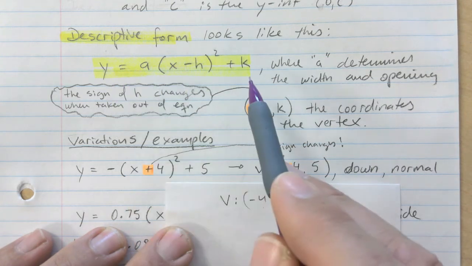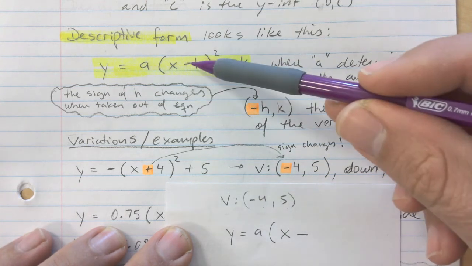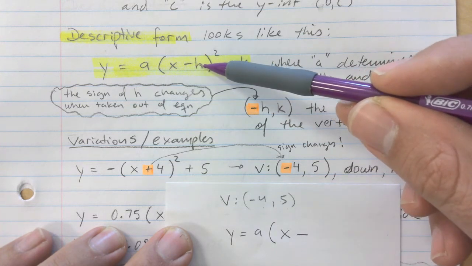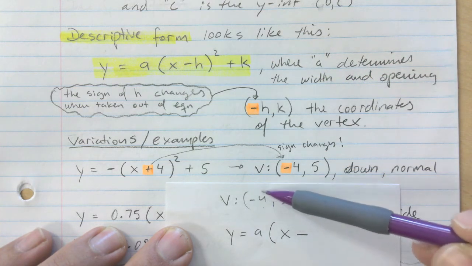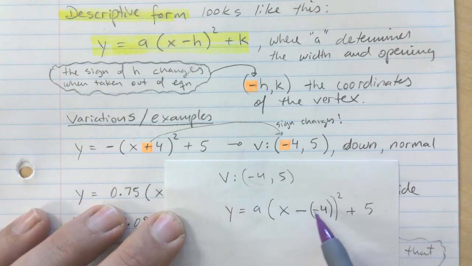So if I were to take this equation, I would go y is equal to a x minus, because that's what the formula is telling me here, and then I grab h, which is what? -4, right? And you substitute that in. And this would be squared, and then it's plus 5. The one outside here is not changed. But the two negatives here, what happens to those?